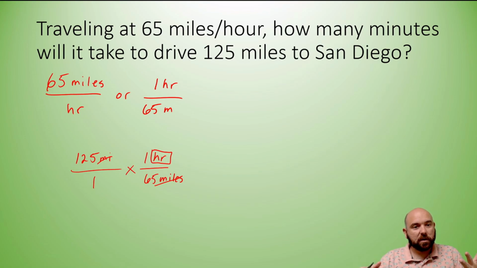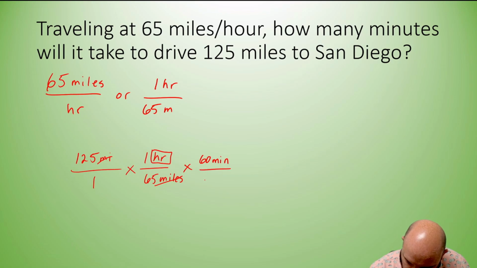Of course, if we're reading closely, we see that the problem ultimately wants us to answer in minutes. So now we need a conversion that will take us from hours to minutes. I think we know that one pretty well at this point. We know that there are 60 minutes in 1 hour. And so if we do our cancellations there, we're now left with the unit we want for the answer, minutes.